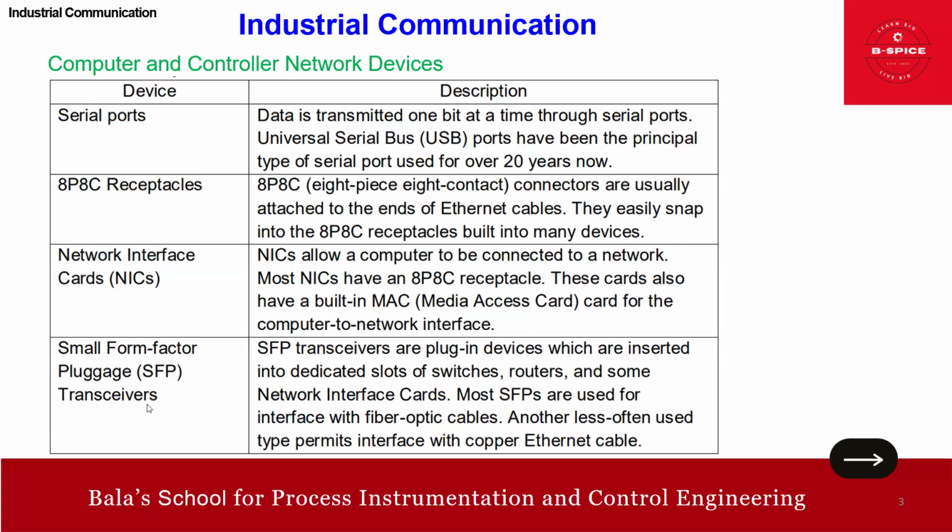Another less often used type permits interface with copper Ethernet cable. So this is about the computer and control network devices, friends. I hope you got some insights: serial port, 8P8C, NIC, SFP, all these.